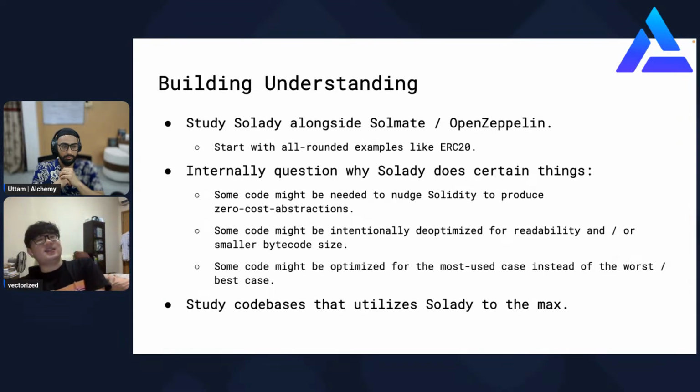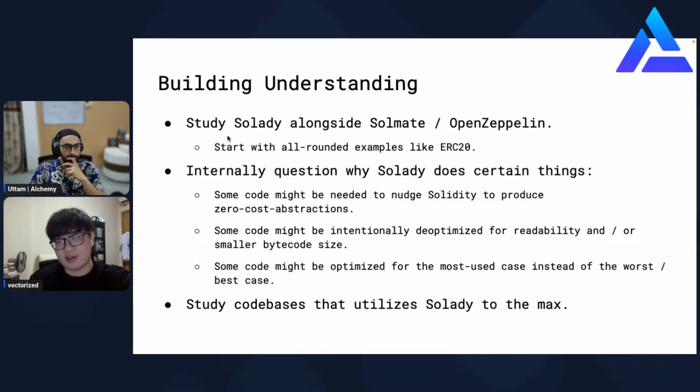So how to build an understanding? If you really want to go into the details to get a very good feel, of course, RareSkills is one of the best courses. But if you want to DIY your experience, you can read some Solidity contracts, study them alongside Solmate or OpenZeppelin.